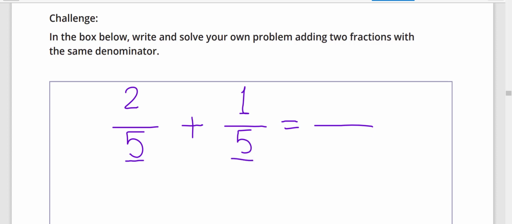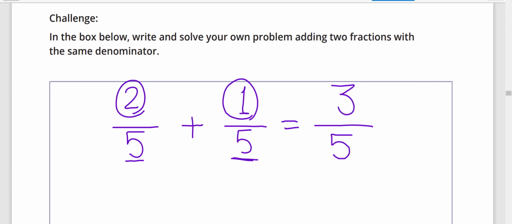The first fraction, write 5 in the denominator, and second fraction, write 5 in the denominator. We must write 5 in the denominator because it is the same number, and add the two numbers in the numerator. 2 plus 1 equals 3.